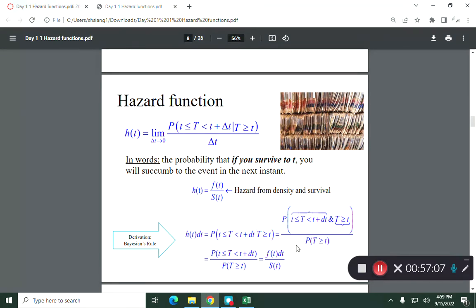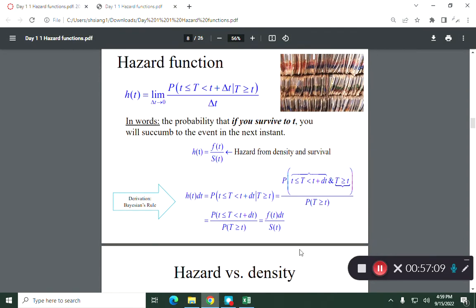So h(t) equals f(t) divided by S(t), and then I can integrate this dt on both ends and turn this into an integral.